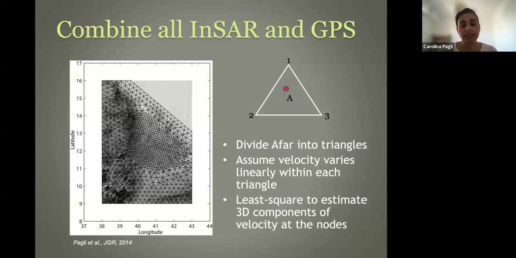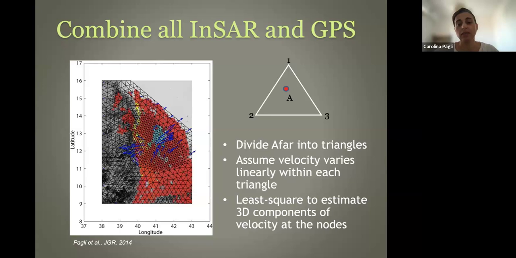It's done by dividing an area into triangles, then throwing in all the different data and the GPS. And then within the triangle, the only assumption is that velocity varies linearly. And then we can invert for the real 3D displacement at the nodes of each of the triangles.